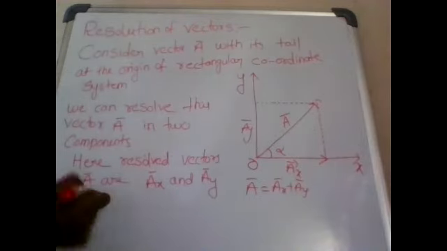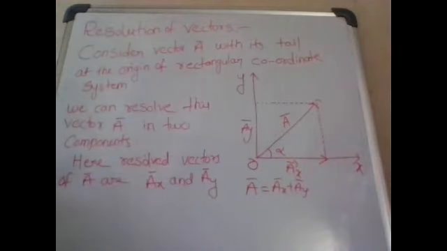And i comma j, small i comma j, be the unit vectors along the axes of x and y.